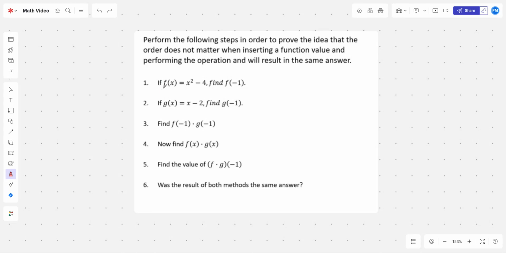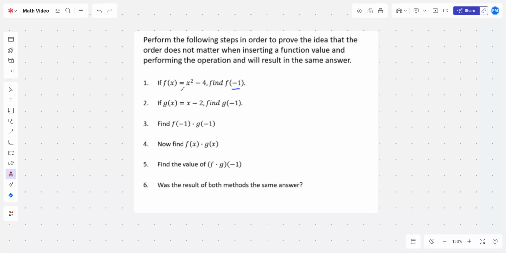So the first one says that if f of x is equal to x squared minus 4, find f of negative 1. Well, we are given negative 1, so just fill in every x we see with negative 1. So negative 1 squared, I believe that's positive 1.